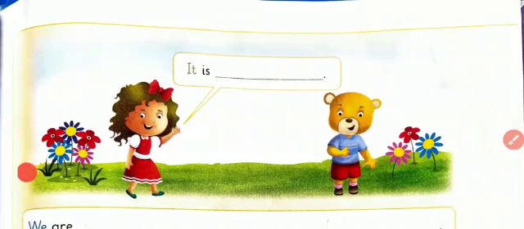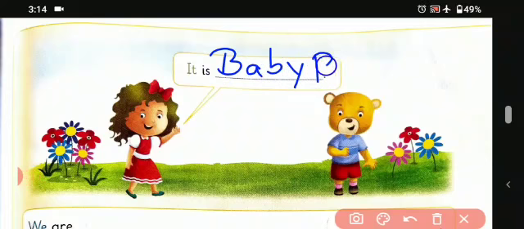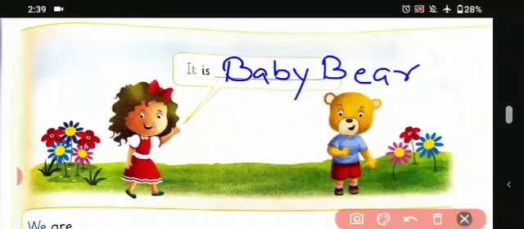Okay students, and it is a baby bear because it is a small child, that is why we are using it for the baby bear. Use with the pronouns, so we will use she, he, it, they. Okay students, so that is why we are using it over here. It is a baby bear.